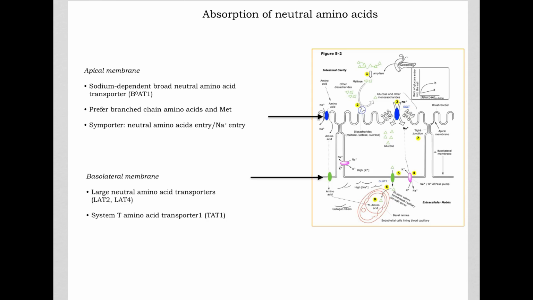So once in the cytoplasm, these neutral amino acids are then sent out into the bloodstream. So we have these basolateral transport proteins.